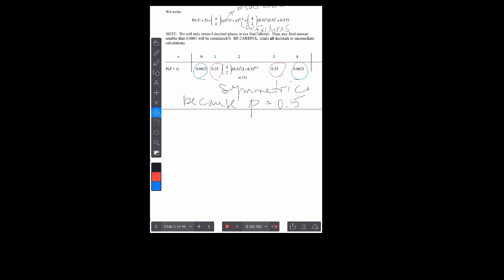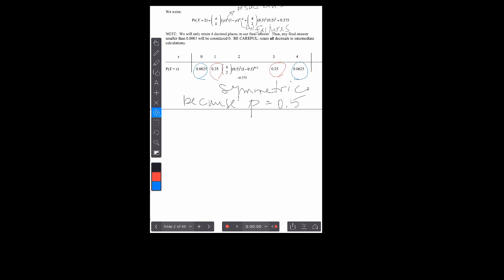Then that's what's going to make this the same as this, because the exponents are just flipped from here to here with the 0.5 in both. And the same thing here. It'll be exactly the same result because I have 0.5 and then the exponents will just be flipped around. Okay, so that's why this ends up being symmetric. But in general, the binomial distribution doesn't have to be symmetric at all.